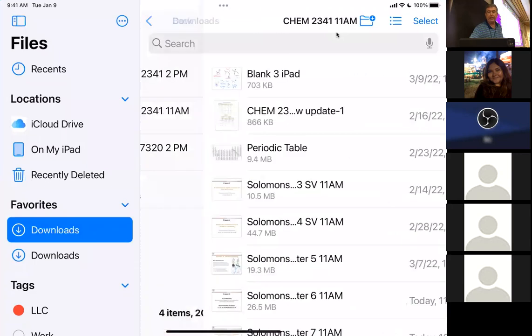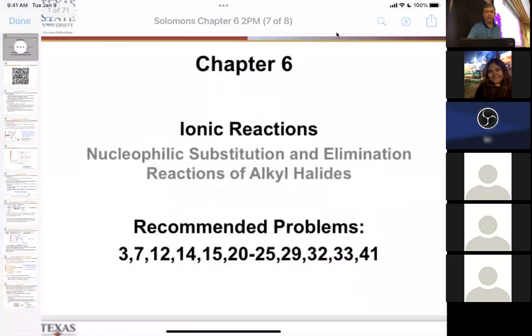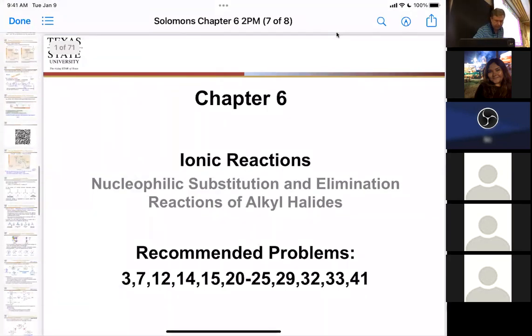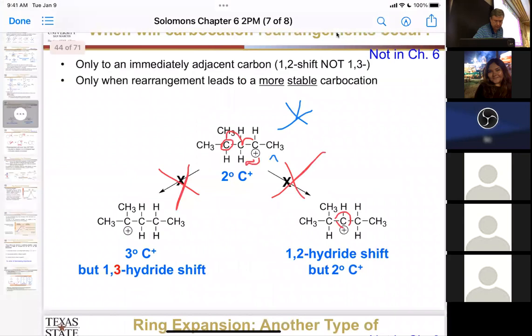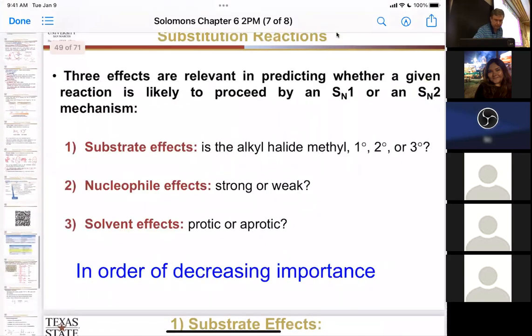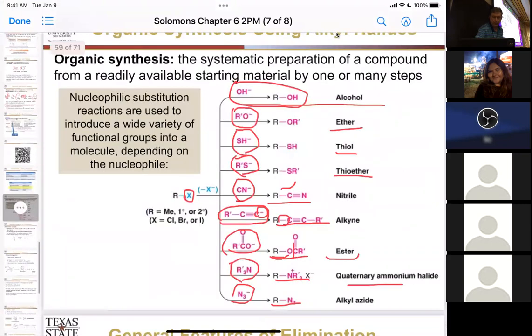So let's get back on to chemistry. We're our 2 o'clock class. We're in chapter 6. And we just finished substrate effects. No, we were on this one right here. Okay.